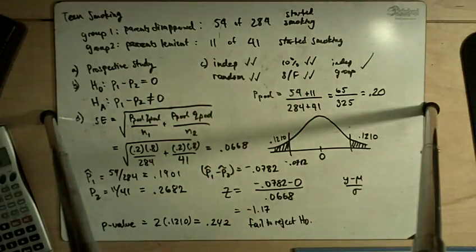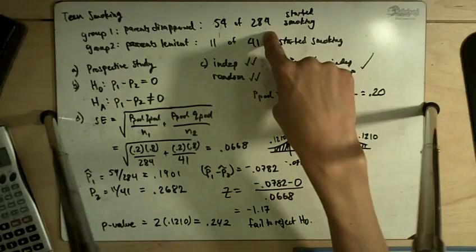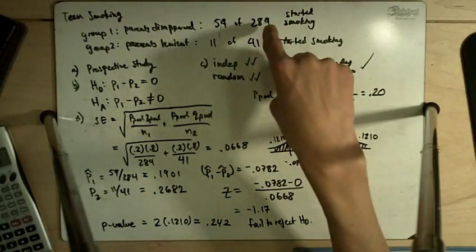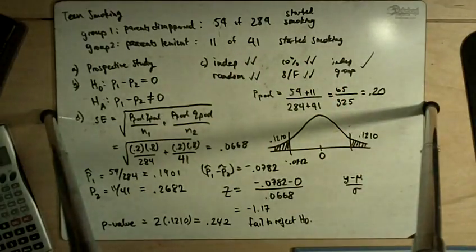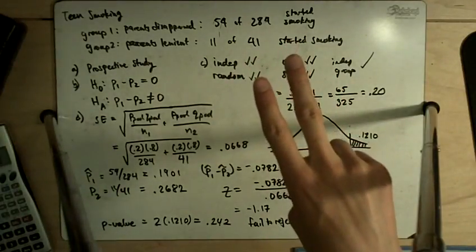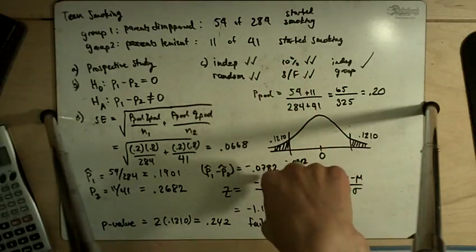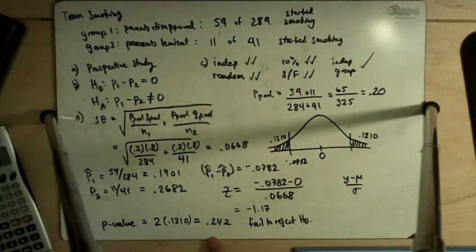smoking whether or not their parents approve, the probability that we would find a sample of about 54 out of 284 and 11 out of 41, the probability of us observing two samples with a difference of 7.8% between the two, that probability is about 24%.